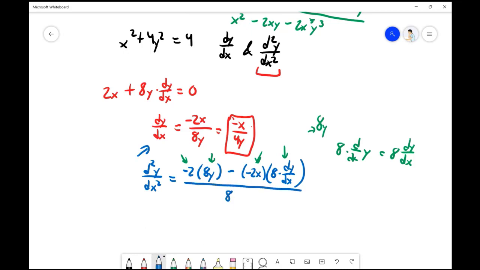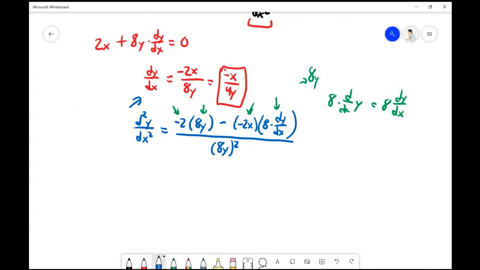Then, since you're dividing, remember you have to divide by the denominator squared. I didn't use the simplified version, but the numbers will still cancel out whether you use this one or that one. You might think you're done, but you actually have to plug in the value you got for dy dx.